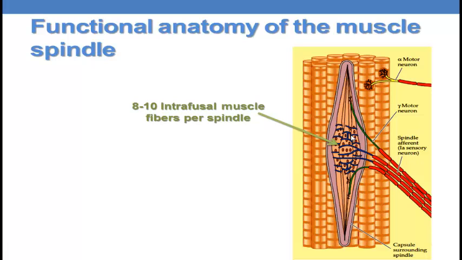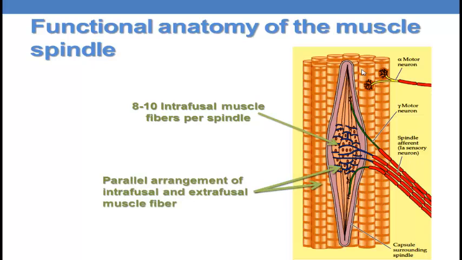We have about 8 to 10 intrafusal muscle fibers per spindle, arranged in parallel to the extrafusal muscle fibers, the fleshy fibers of the muscle. But of course they are much smaller, very small in size and diameter.